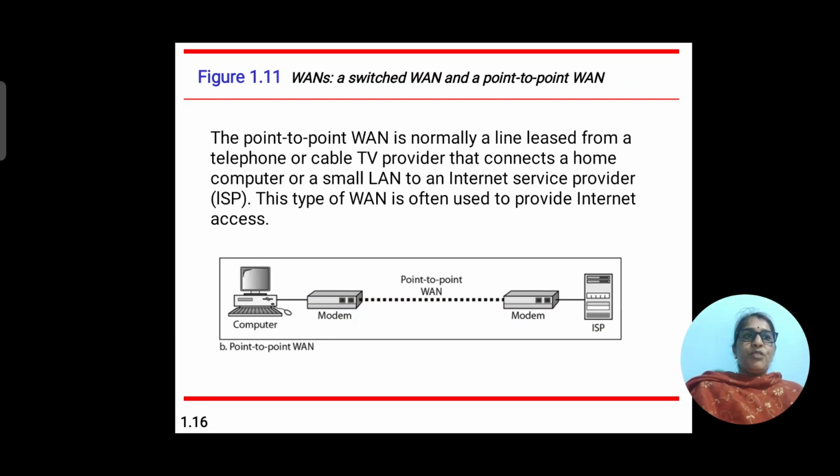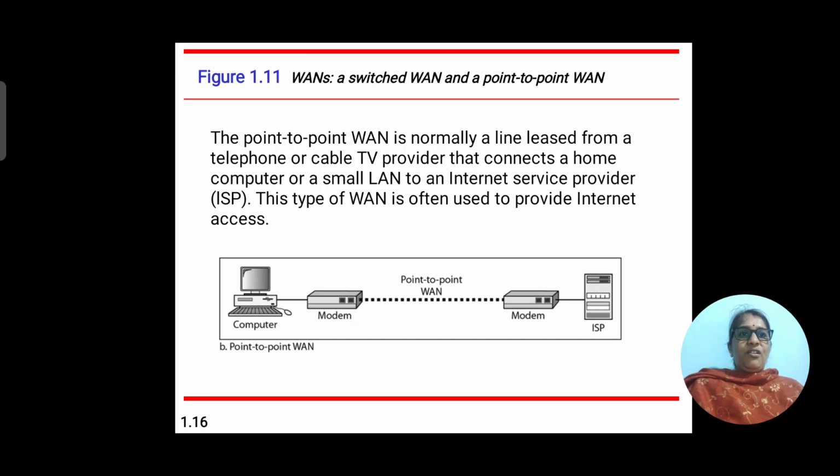The point-to-point WAN is normally a line leased from a telephone or cable TV provider that connects a home computer or small LAN to an internet service provider, ISP. This type of WAN is often used to provide internet access.